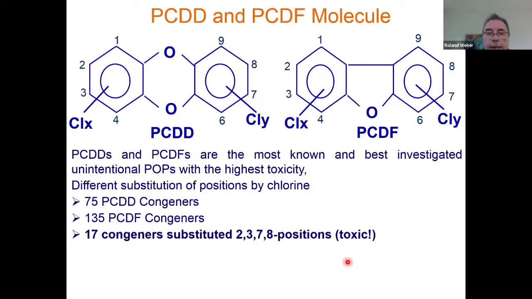So here you see the structure of polychlorinated dibenzodioxins and furans. In total, we have 210 different molecules which are dioxins and furans, but only 17 of those are toxic.